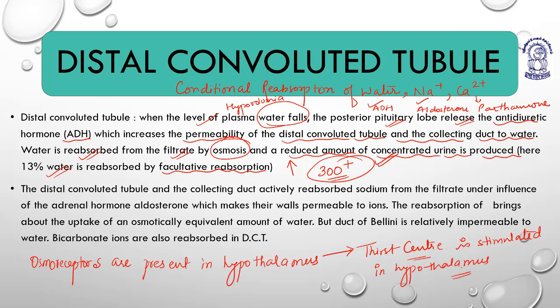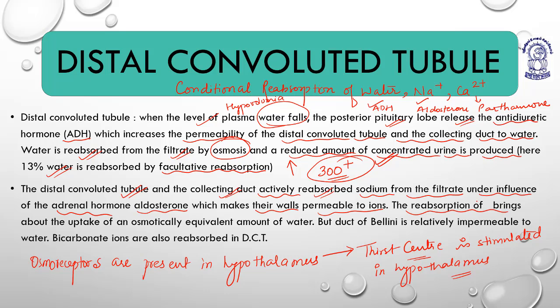Now, the distal convoluted tubule and the collecting duct actively reabsorb sodium from the filtrate under the influence of adrenal hormone aldosterone. So the water reabsorption takes place through facultative reabsorption by osmosis, and the active transport of sodium ions from the filtrate under the influence of aldosterone takes place, which makes their walls permeable to the ions.